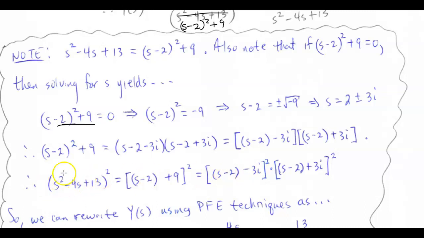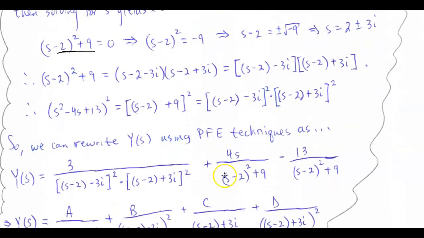Right now it's acting as a variable since it's in a Laplace transform, but of course, we could put a number into it. So we have real part minus imaginary, all that squared, times real part plus imaginary squared. And this is what we need to be able to use the Laplace transform tables to get our inverse Laplace transforms.